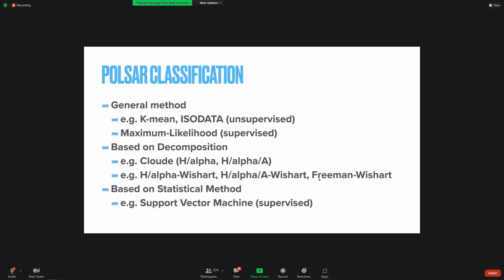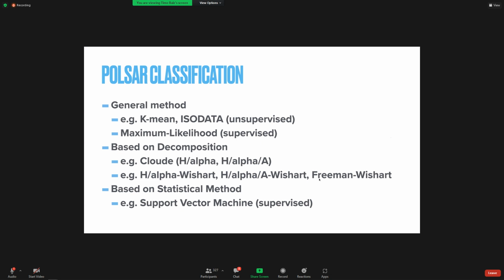K-means, maximum likelihood, whatever you want. But typically we don't put the pure data inside. We base it on some kind of decomposition like the Pauli vector.